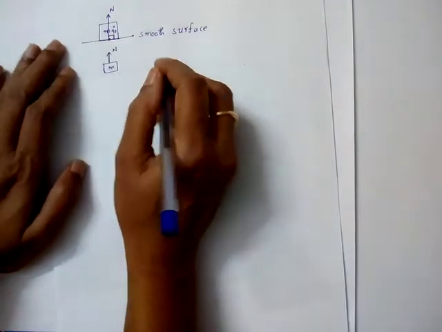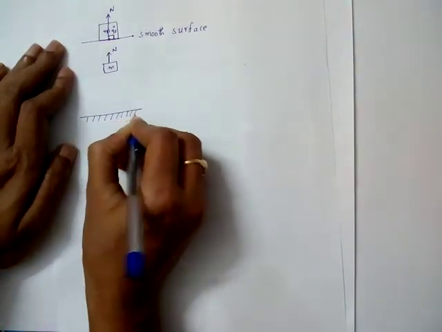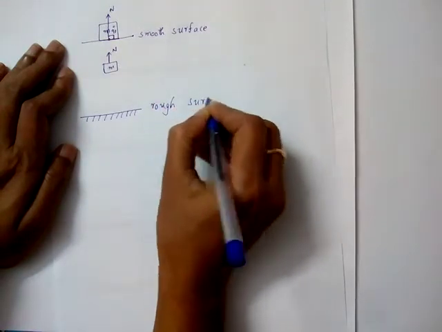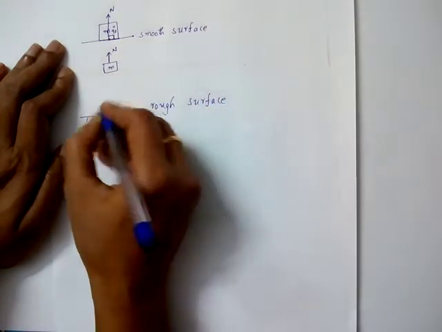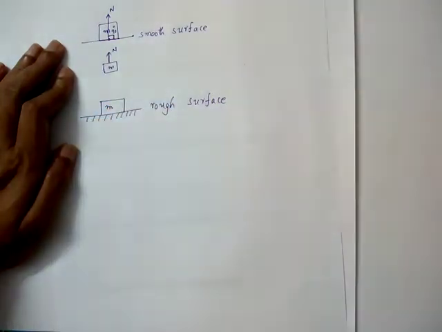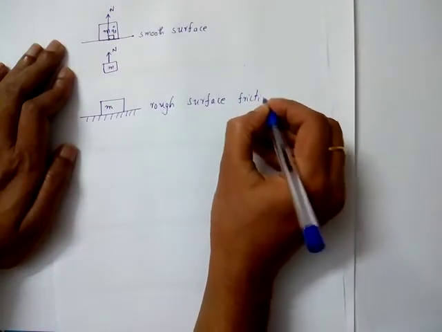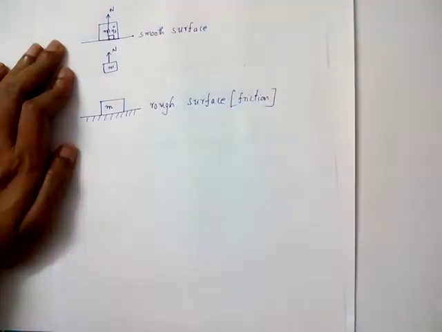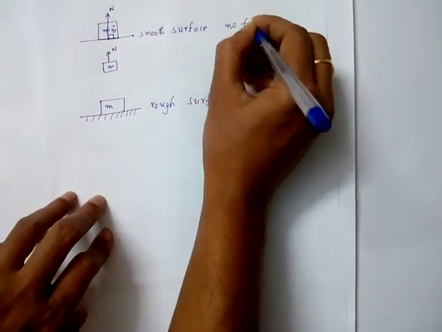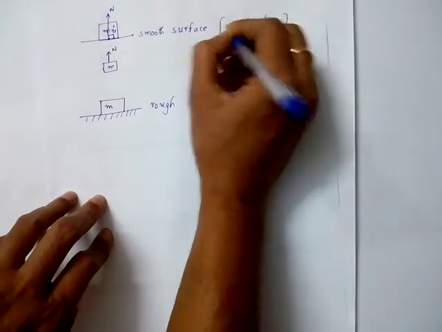Instead of smooth surface, if I take rough surface, then mass is same M. Rough surface you have to take friction. Okay, frictional surface. Here no friction. That's why only one force we have taken.